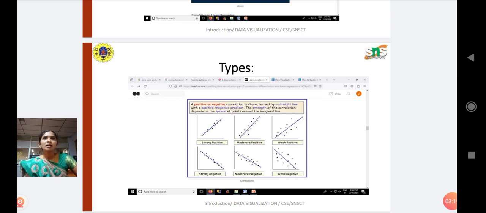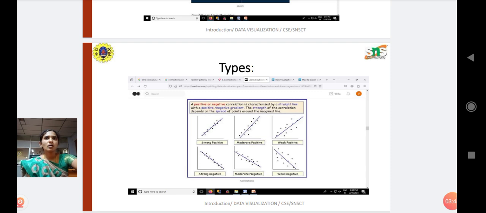The main applications of the scatter plot are, first, correlation analysis. A scatter plot is very useful for investigating the correlation between two different variables, and it is used to find out whether the two variables have a positive or negative correlation, or no correlation. Outlier detection is another application of scatter plots.